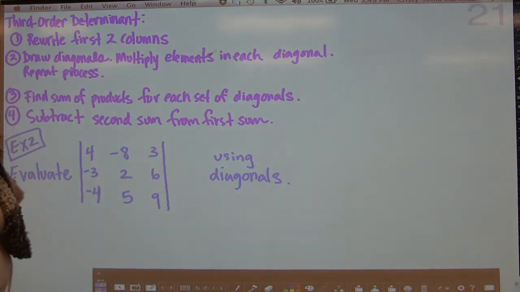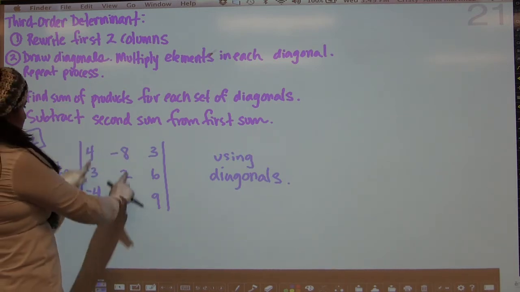Okay, so now we're going to talk about a third order determinant, and it's not as simple as the second order determinant, but I put here some steps for you in case you need to go back and remember what the steps were. But I do think that it's a lot easier just to kind of follow the example, and then maybe the steps will make more sense. When you read the steps at first, it can kind of sound confusing. So the first thing you want to do is rewrite the first two columns. That part's easy. So you want to take the first two columns of the matrix.